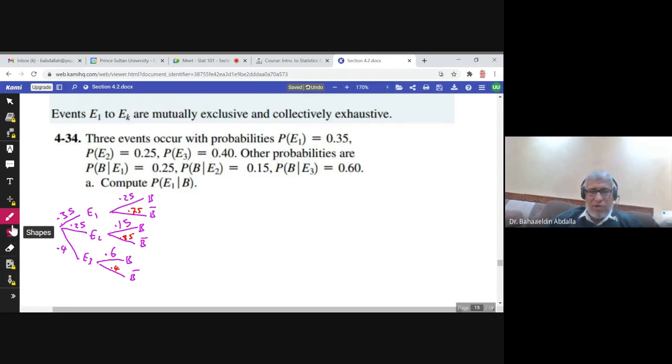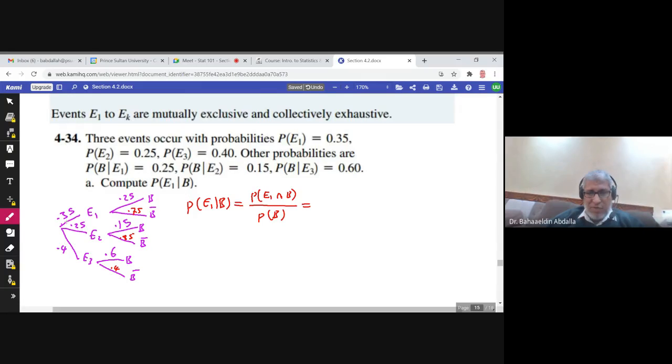And he can ask some questions now. What is the probability of E1 given B? Probability of E1 given B is probability of E1 intersection B over probability of B. That's the definition of the conditional probability.